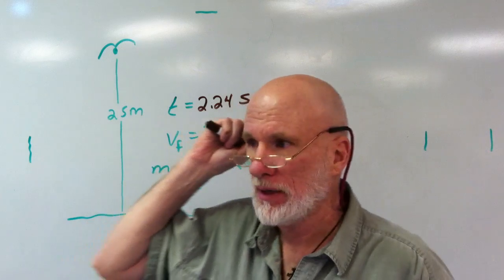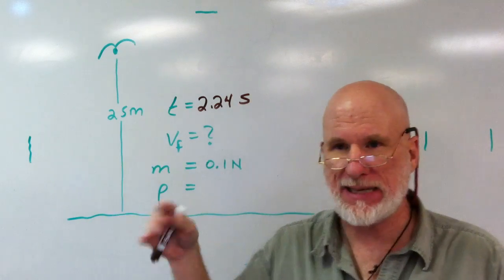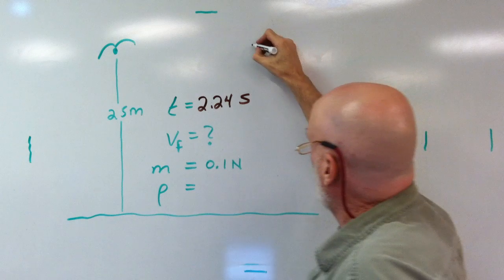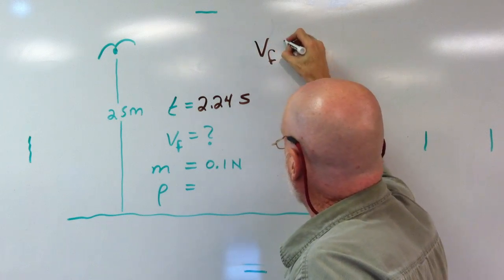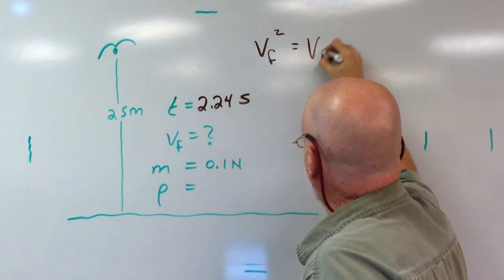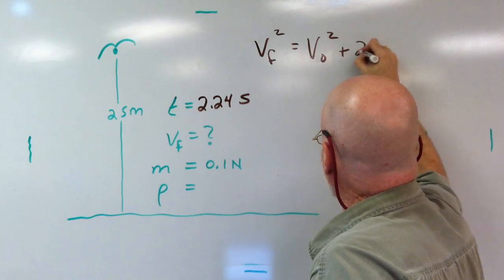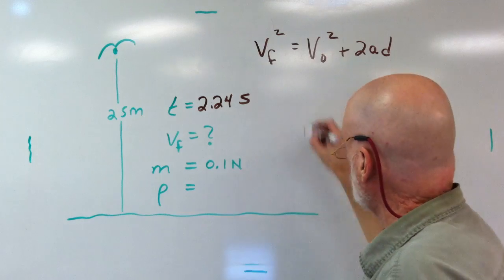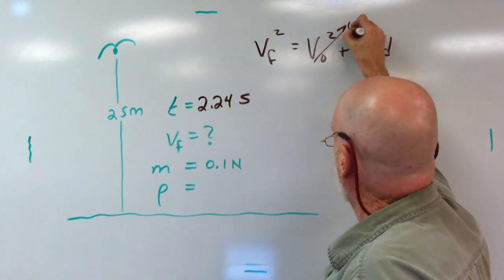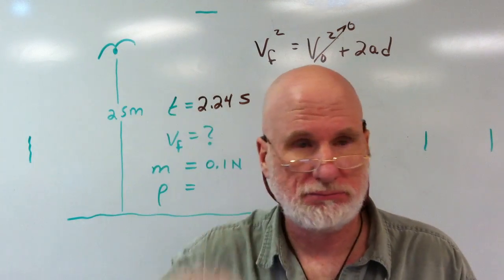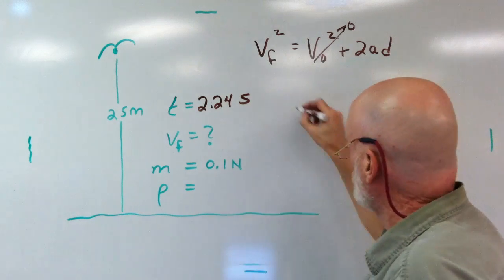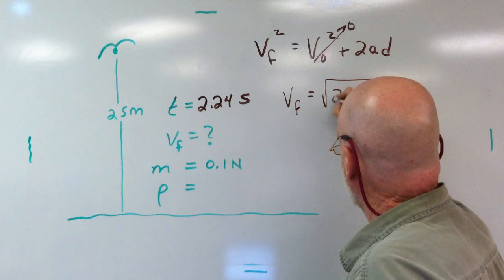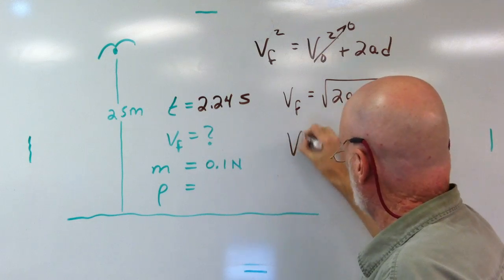Now, let's say we have distance and we want to find final velocity. Well, I know that final velocity squared equals initial velocity squared plus 2AD. A is 10. The initial velocity is 0 because it's falling from rest. So this is going to be equal to 2AD.